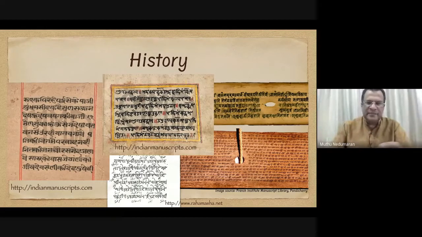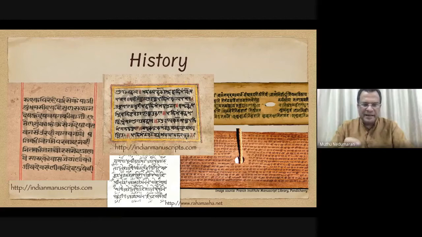And these forms of writing, the kind of tools that they used in different parts of India, greatly influenced the shape of the letter forms, right? That is why when you look at the northern Indian letters that you see on the left, from IndianManuscripts.com, you'll see some lines are thick, some lines are thin. That is because the reed pen has a width.